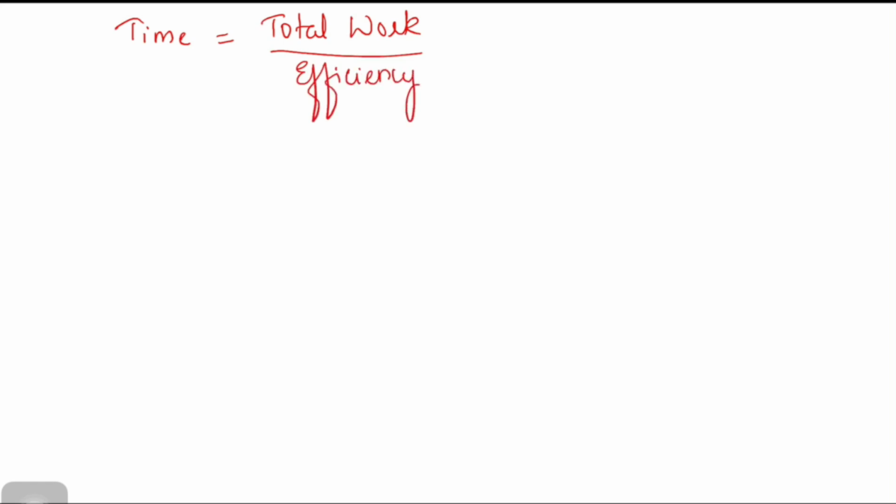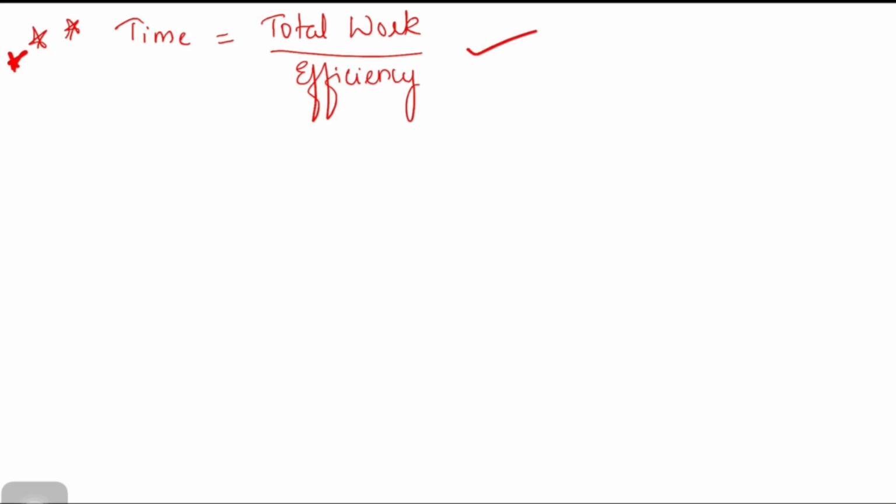Okay, this is the very important formula, and all the problems are solved using this formula itself. So very important to remember that the time taken to do a work is given by the total work divided by the efficiency of that particular person.